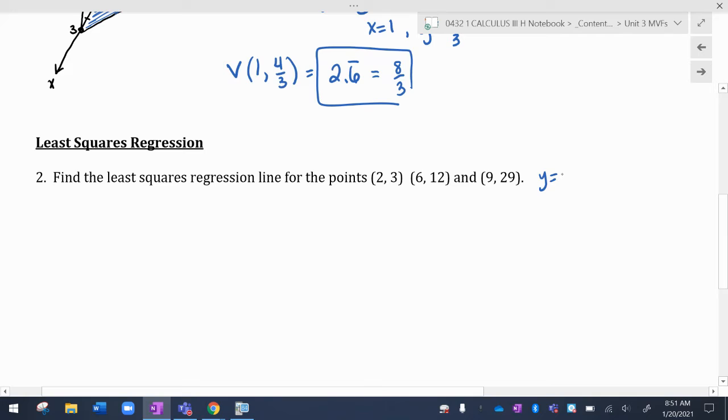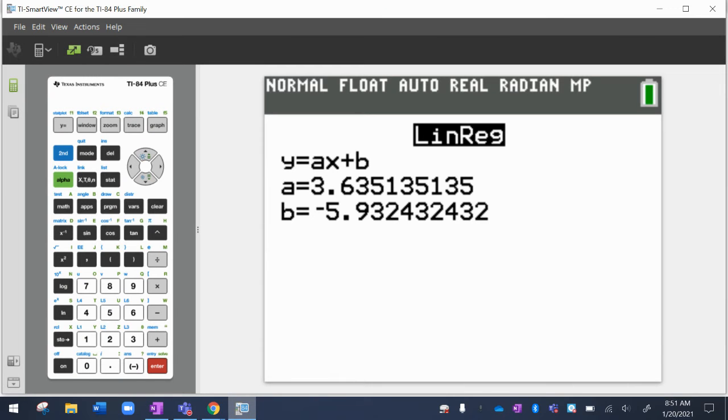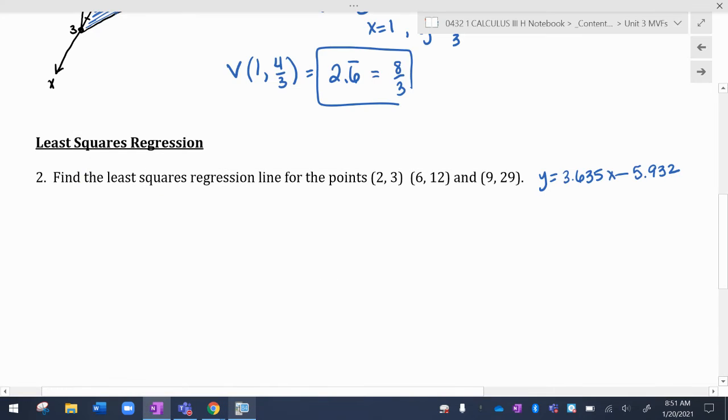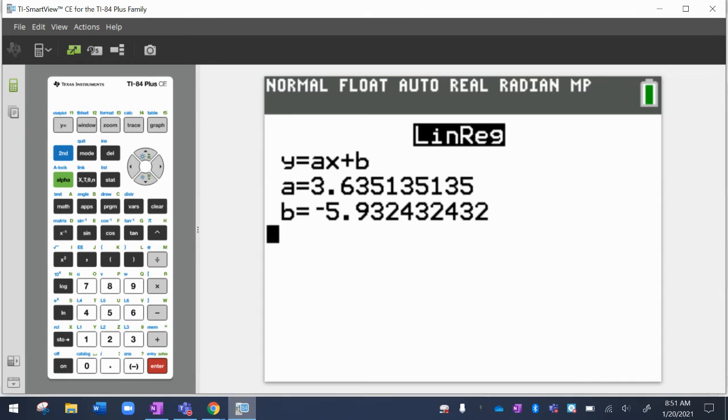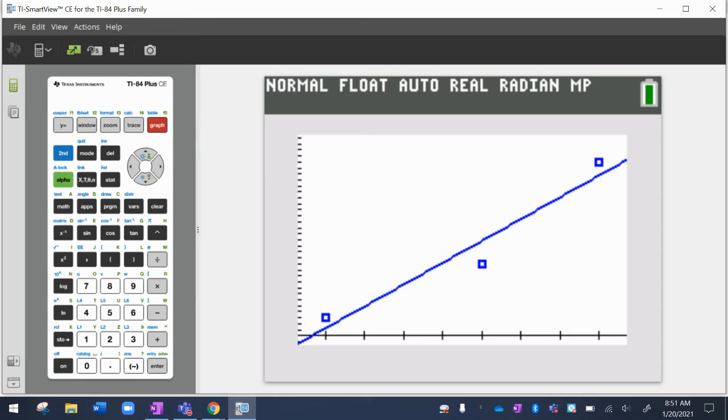So y equals 3.635x minus 5.932. Yep. And that should be my line of best fit. Let's look and see how that looks. That looks like a pretty good fit line.